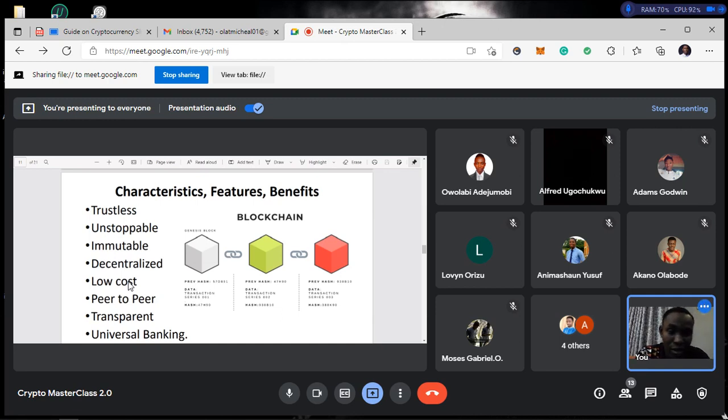You can transfer as much as 1 million Bitcoin from your Trust Wallet to another person's Trust Wallet, and no federal government will come and query you about why you have this amount of money in your Trust Wallet. They can only come and query you when you are using centralized exchanges like Binance, Coinbase and the likes. But when you're using a decentralized exchange, they don't know who is transferring what to whom. Do you get it?